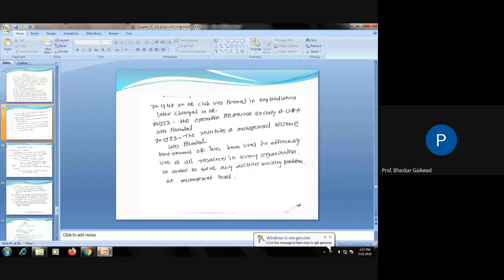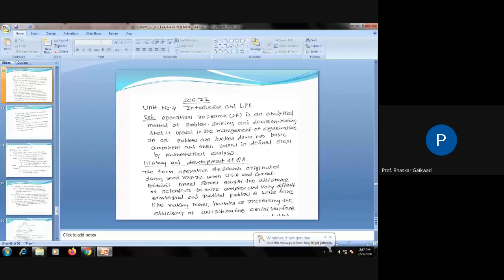Then yesterday we went through the history and developments of OR. The term operation research originated in World War II, when the USA and Great Britain sought the assistance of scientists to solve the complex and very difficult strategic and tactical problems of war. In World War II, some problems were observed, and the question was how to solve them.